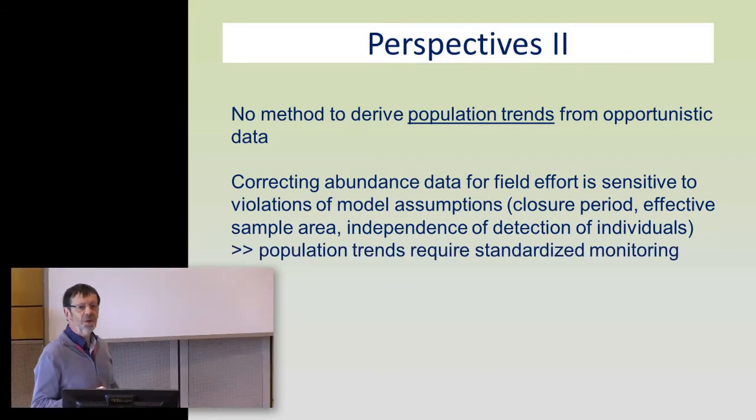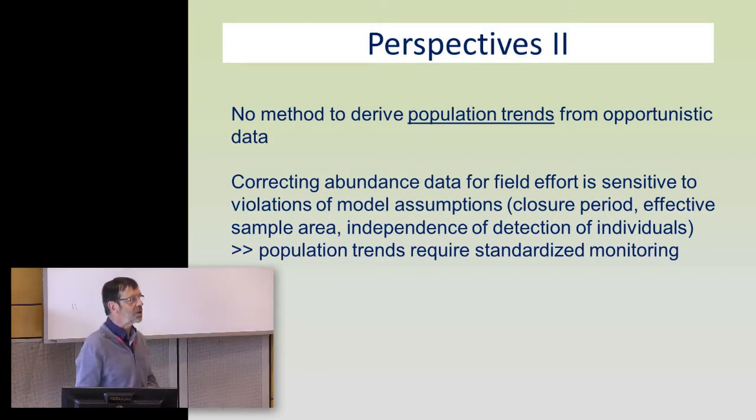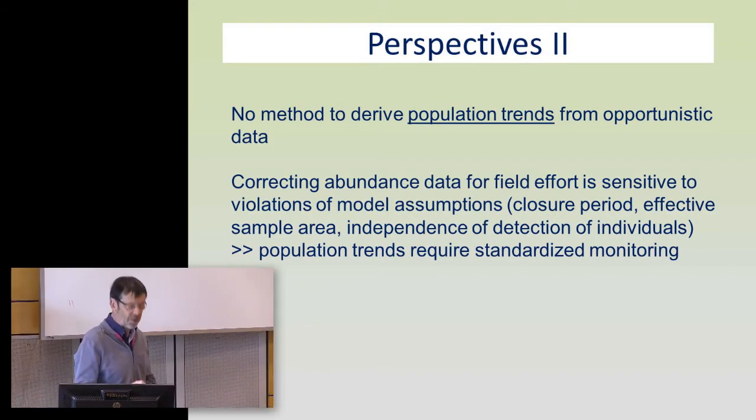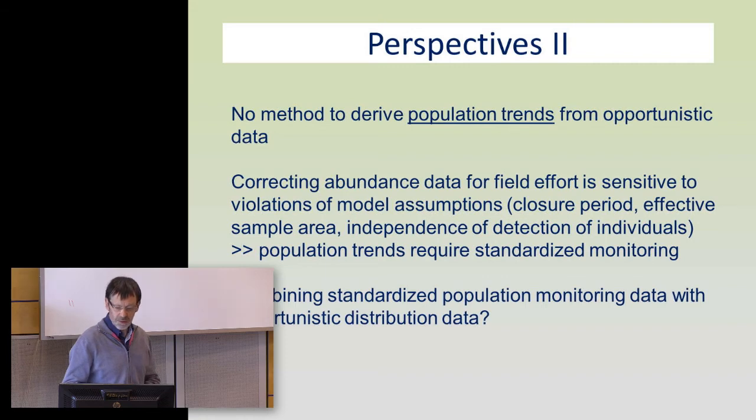So I think population trends really require standardized monitoring. That's what I'm saying. What is a really interesting issue for the future is to combine those two types of data.